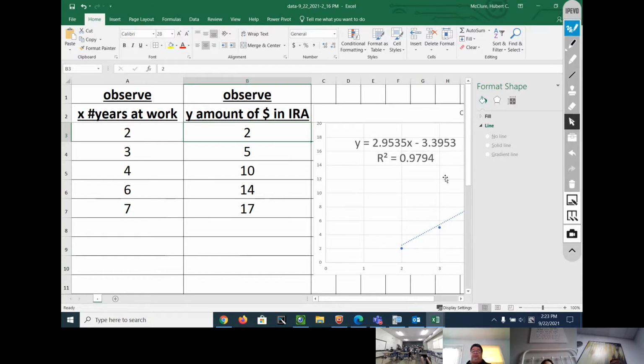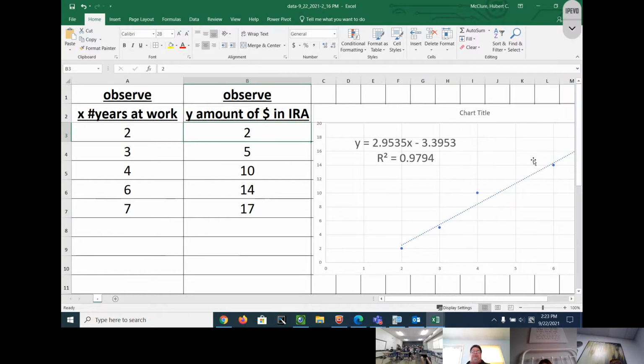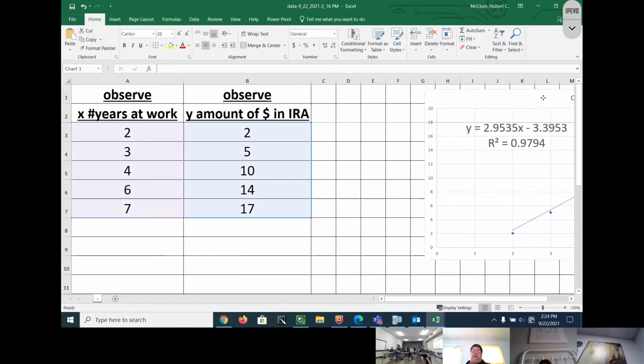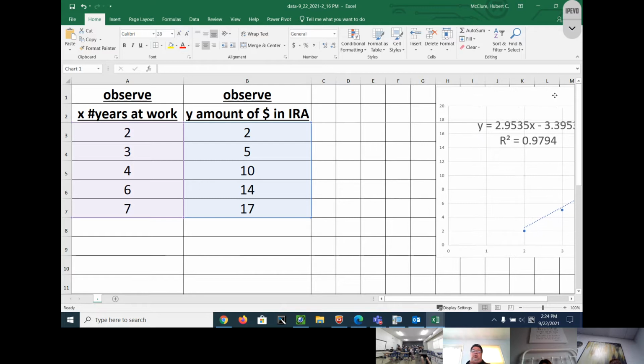Now, what does the best fit line do? It predicts. What do you mean predicts? Well, I want somebody to plug in 2 in the regression model, which is right there, and tell me what you get.